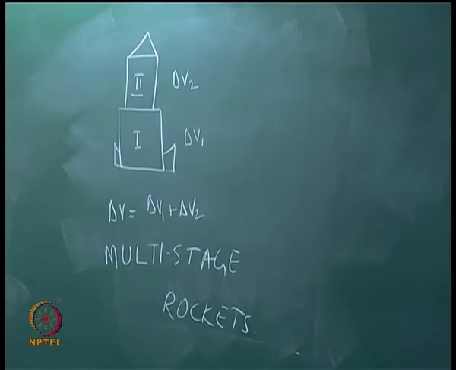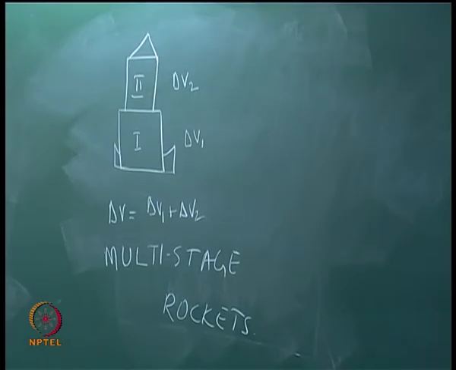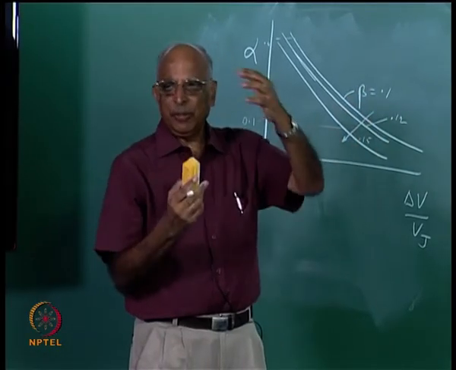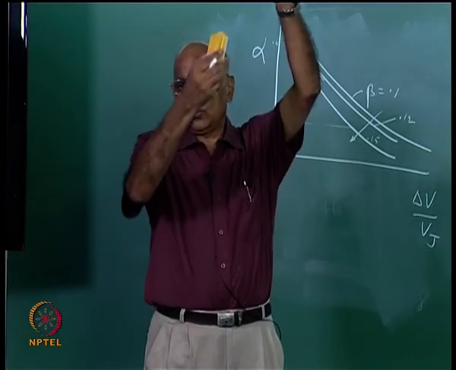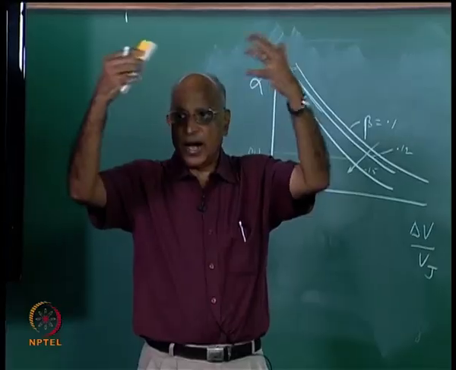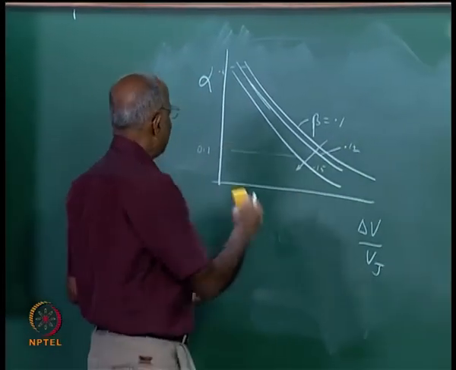And most of the rockets which we will be seeing in the slides today would be all multi-stage. That means if you want a velocity increment of something like 10 kilometers per second, maybe the first one could give you 2, the second one could give you 4, the third one could give you still higher, and therefore you keep on adding, and this is what we call multi-stage rockets.